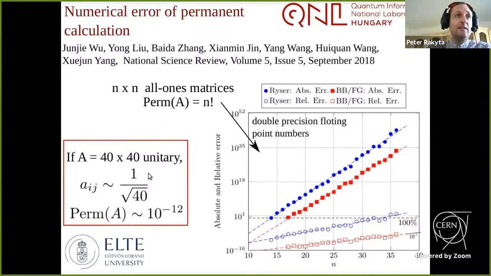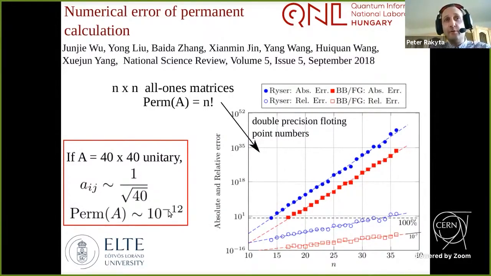In boson sampling, you need to process unitary matrices where A is unitary, so it's a little bit different. But it turns out that in a practical situation, this error is increasing. Basically, you start with a matrix with elements 1 over the square root of 40, and you end up with a permanent of a value 10 to the minus 12.